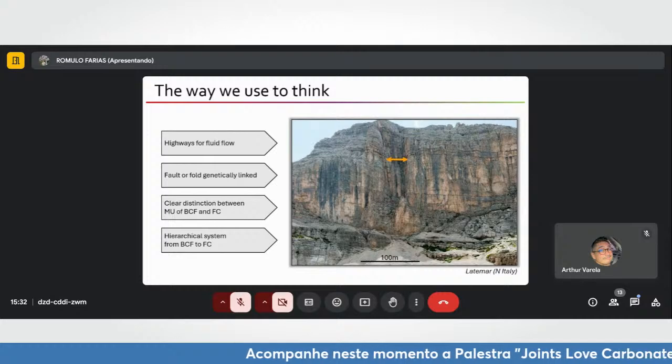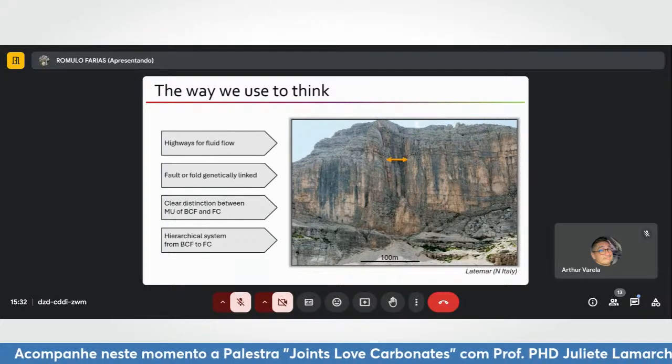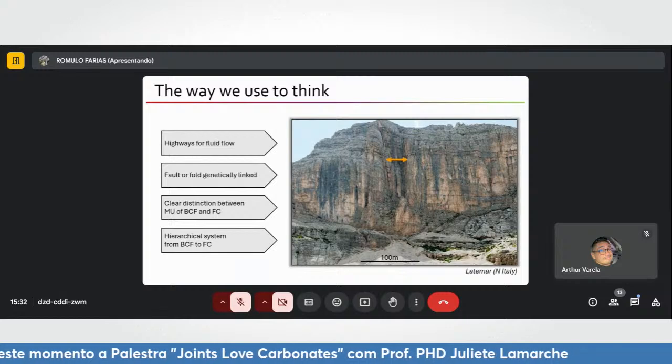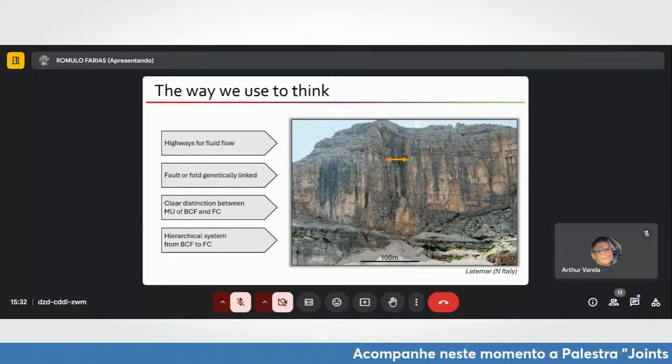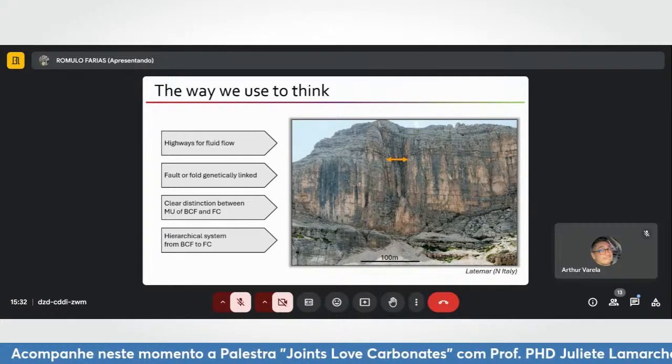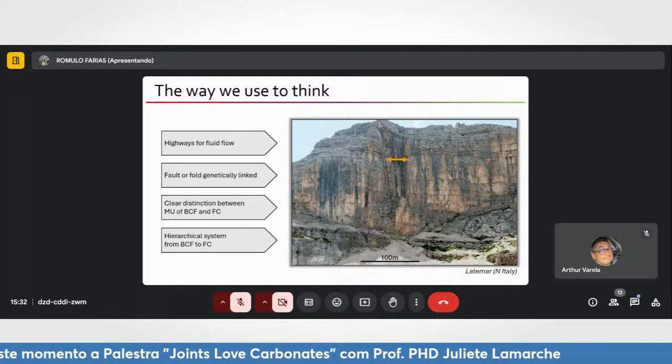So we used to think that they were related to faults. And we thought that there was a clear difference between the mechanical stratigraphy for corridors and the mechanical stratigraphy for fractures. We used to think that there are different stories. And we used to think that there is really a hierarchy or imbrication pattern between bed-confined fractures and fracture corridors.